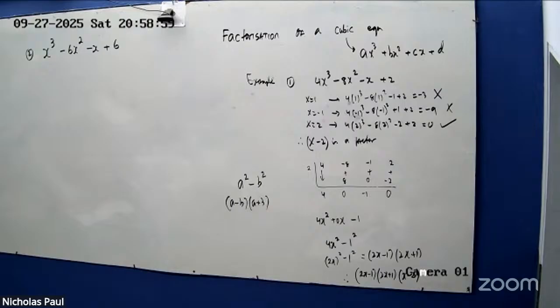Eden, Diego, Ashish, Ariel, Alexandria, answers please. Anybody lost? Everybody get through? Are you doing the synthetic now? Take your time. When you finish the synthetic, factorize it.